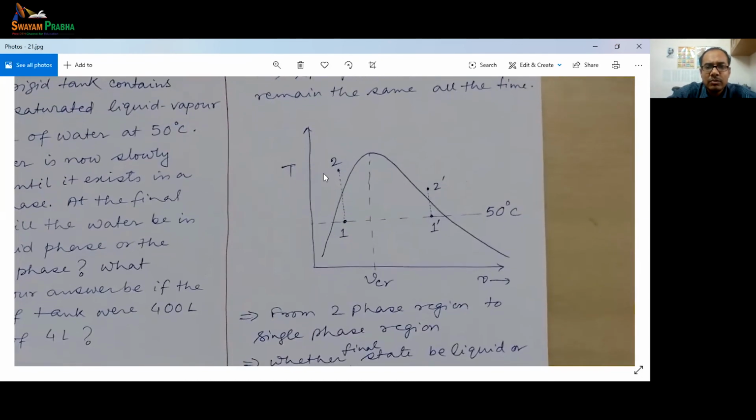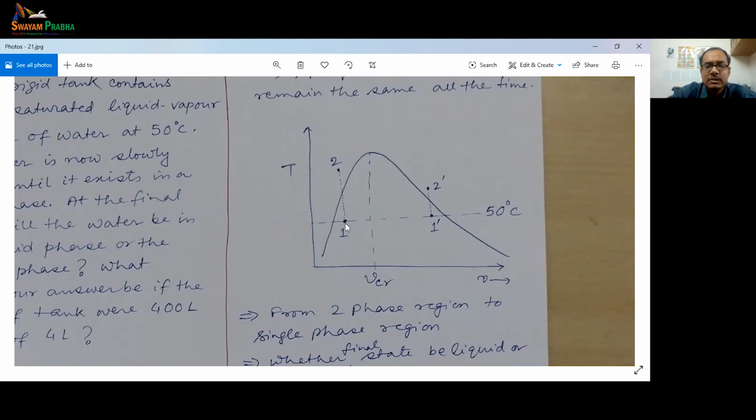Now you just see this schematic diagram, we don't know the exact values of anything. This is a temperature versus specific volume plot of water, and this is the saturation dome, right? We have seen this earlier in the last tutorial. In between we have a two-phase coexistence zone where liquid and vapor coexist.